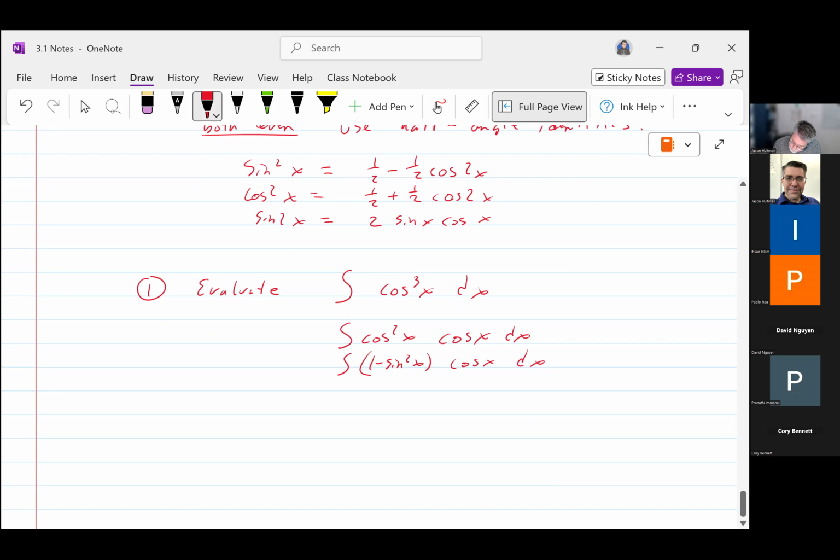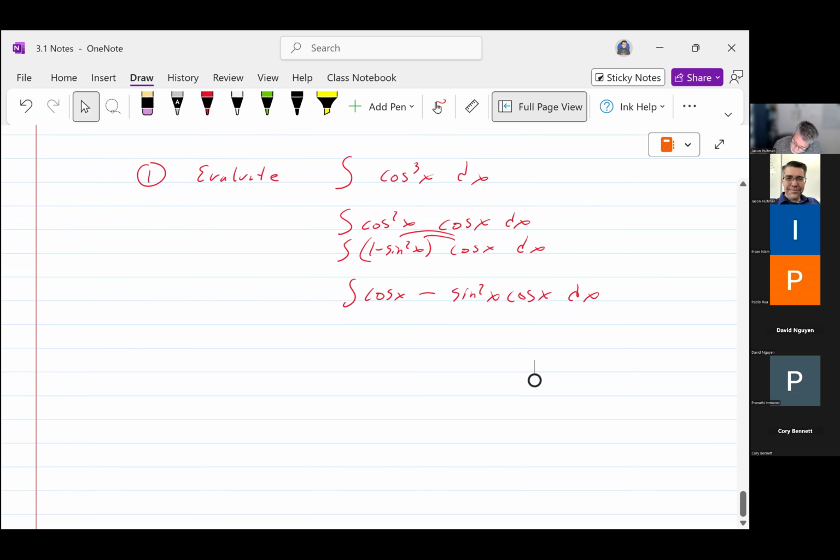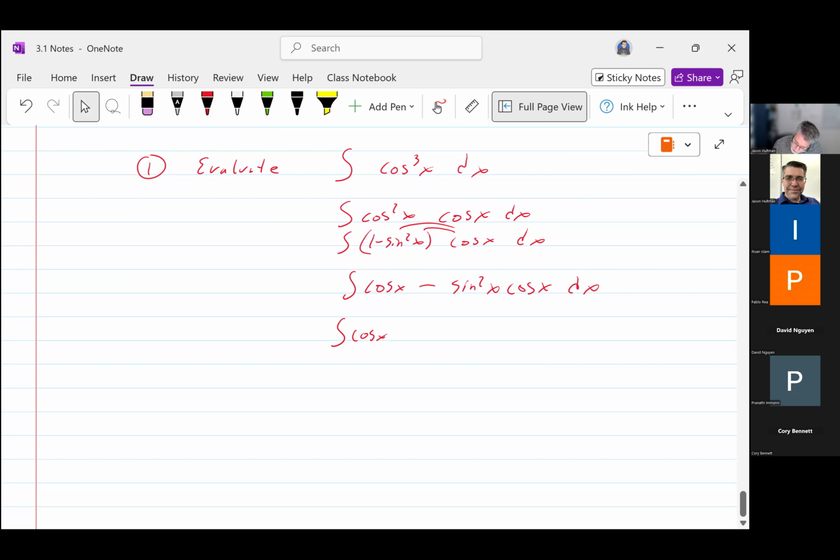I can now distribute the cosine, and I get the integral of cosine x minus sine squared x cosine x dx. I could break this up into 2 separate integrals now. Integrate cosine x dx minus the integral of sine squared x cosine x dx.